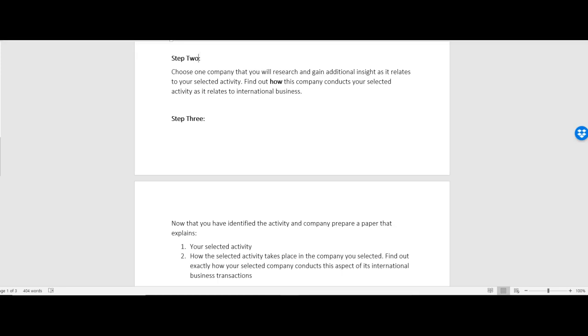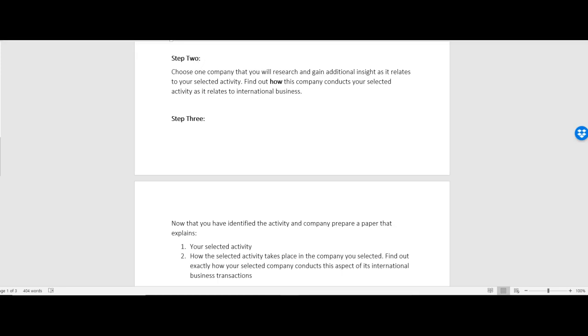So in step 2, you're going to choose a real company that you are going to research and gain additional insight as it relates to your selected activity. So once you choose an activity, what company can you find that applies that particular international activity? So you want to find out how this company conducts that activity as it relates to international business.